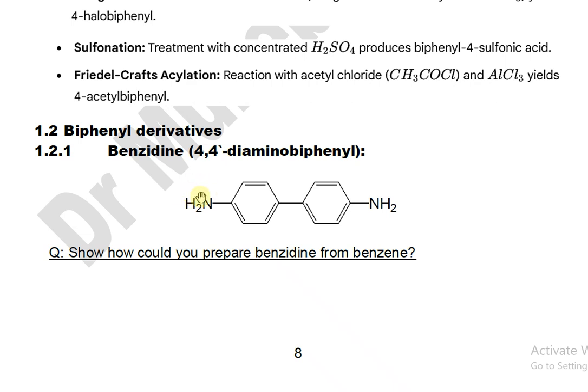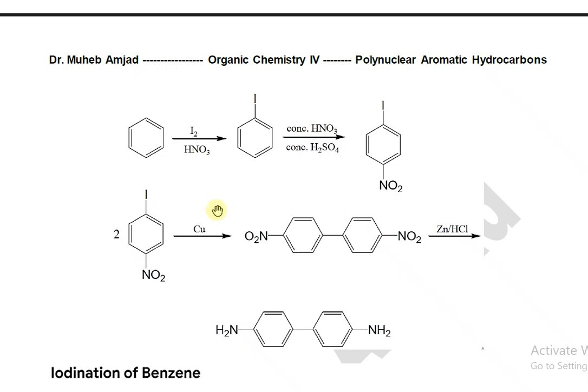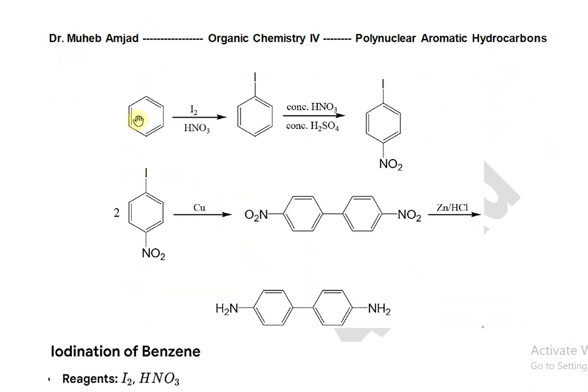This amino group and this amino group, and the question here is: show how you could prepare benzidine from benzene. If we want to prepare benzidine from benzene, we start with halogenation by using iodine and nitric acid to give us iodine on the benzene ring, iodobenzene.